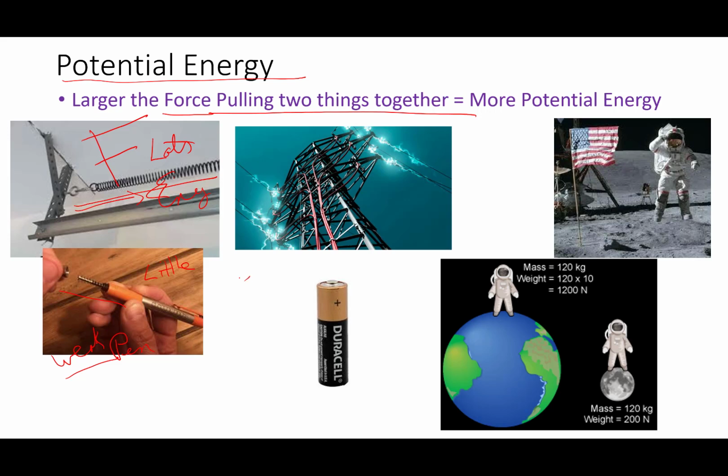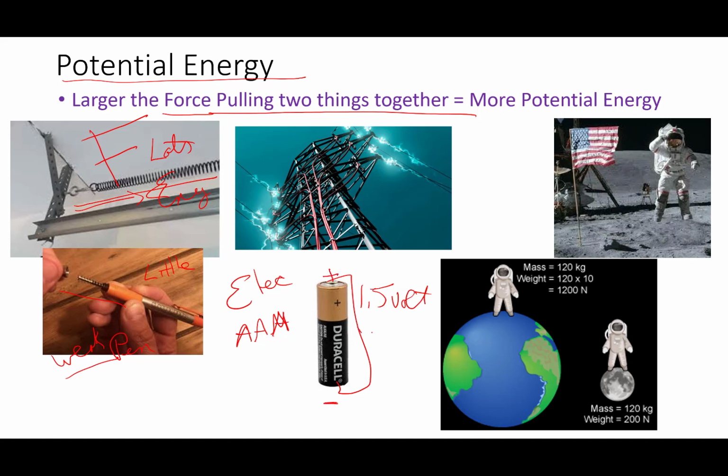When you start talking about electrical energy, a battery is 1.5 volts if you're talking about a little AA or AAA battery. That voltage is the electrical potential between one end, the positive end, and the negative end of the battery.